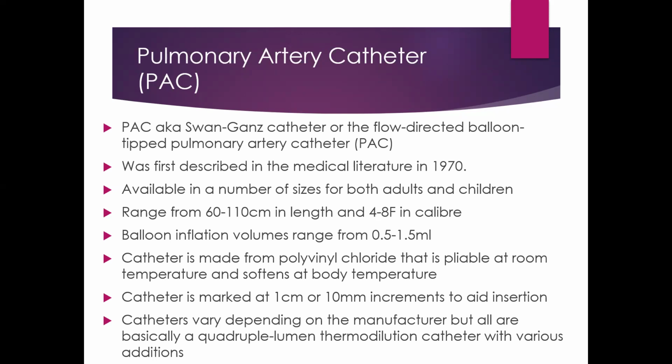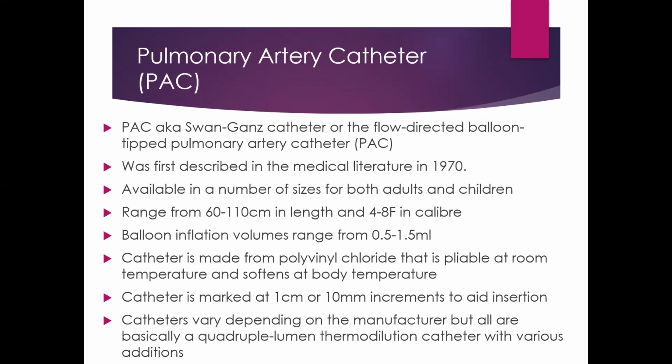It helps you to know where you are, because the different chambers of the heart will give you different waveforms. As it passes into the pulmonary artery, the balloon is directed by the flow of blood through the pulmonary artery system and takes it to its location in the pulmonary artery.